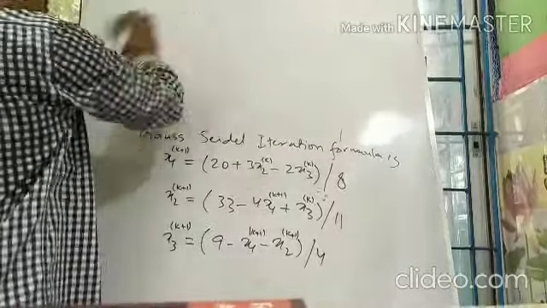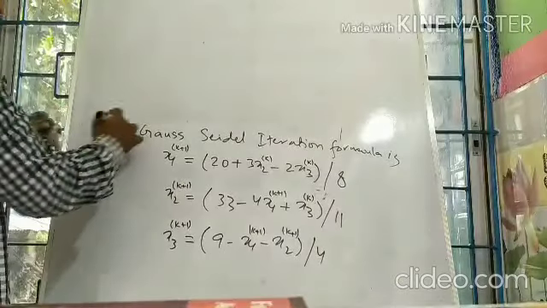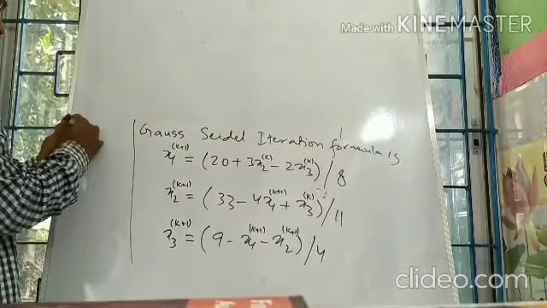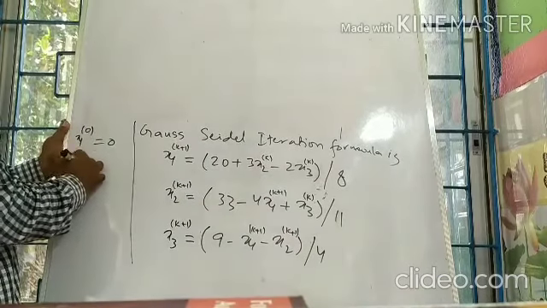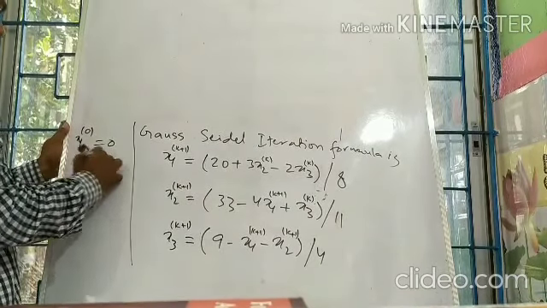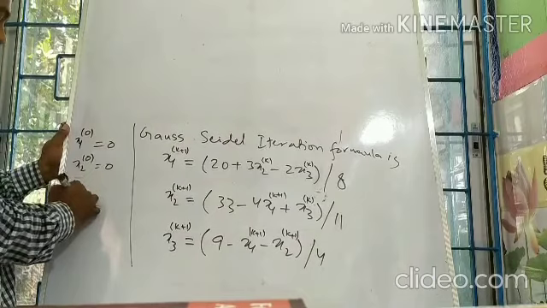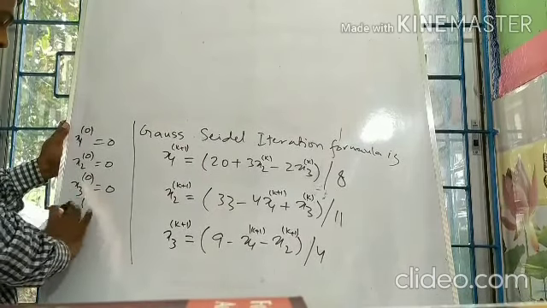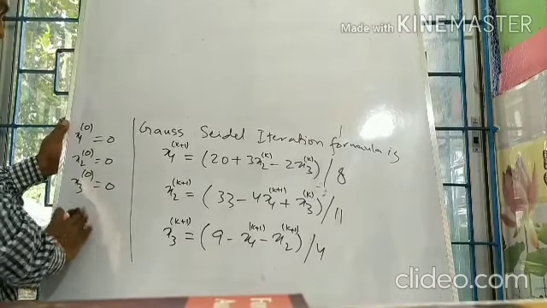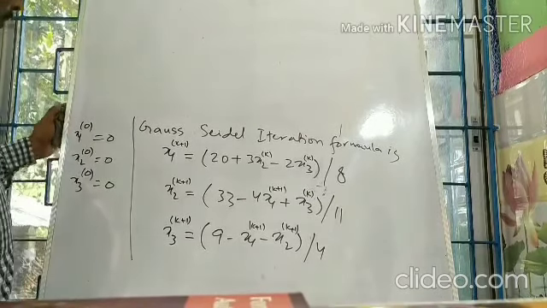Now we consider the initial approximations of x1, x2 and x3 to be all zeros.